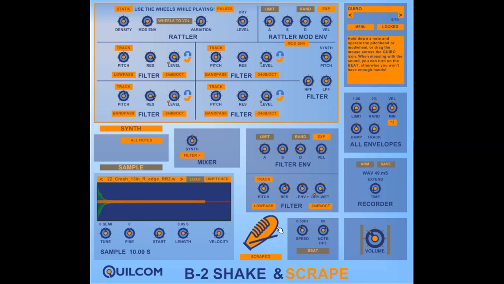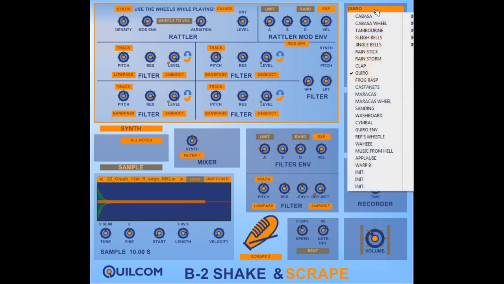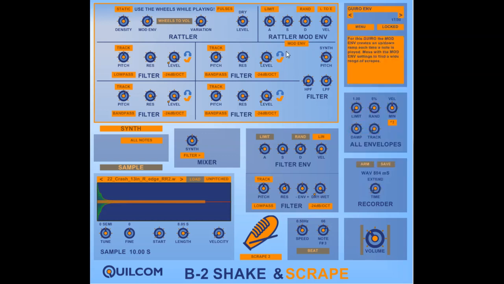Or we can drag the mouse across there, or we can use a modulation envelope here. And there are various slopes and shapes of envelope there, and we can alter the perceived pitch of the scrape using the attack and decay times.